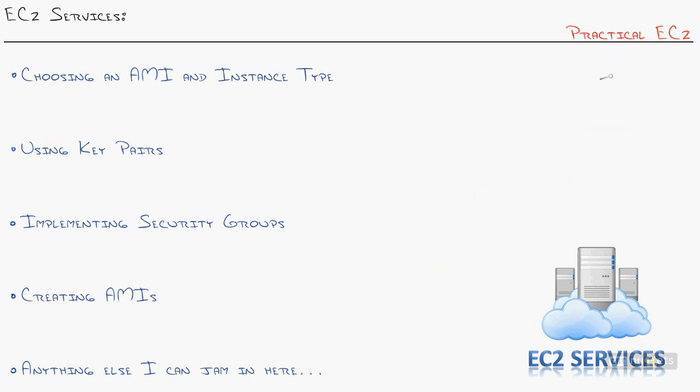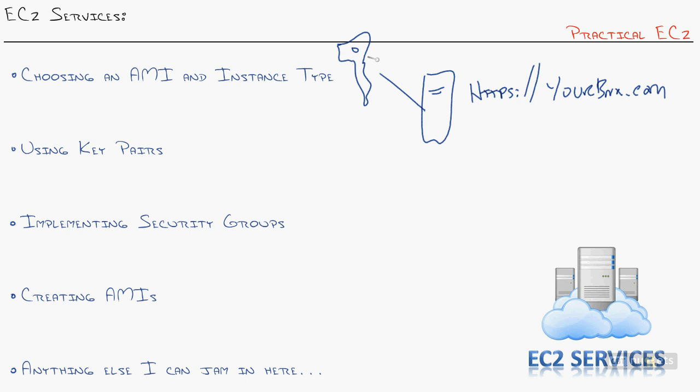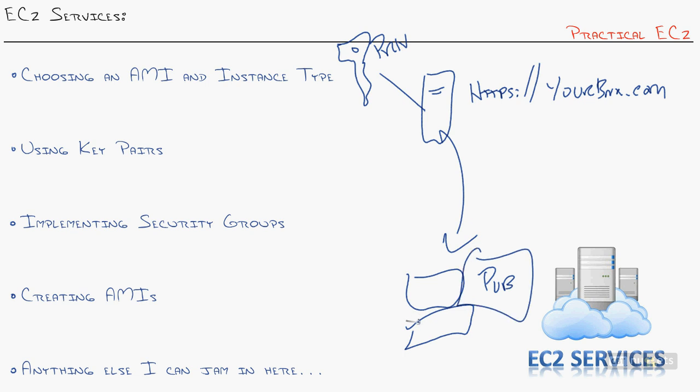Matter of fact, this is how all websites work. For instance, when you go to a secure website, let's say https://yourbank.com, what they actually do is they have a private key behind the scenes that can decrypt data. They give you, in your web browser, a public key, right? And now you can use that to encrypt anything that you send to them.